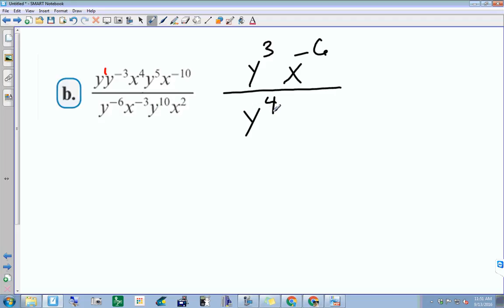Okay. Now I've got x. I got negative 3 and negative 2, so that's going to be a what? Negative 1. Now, what? Yeah, you're right. That's a positive 2. That's a negative 3. Negative 3 and positive 2 is negative 1.